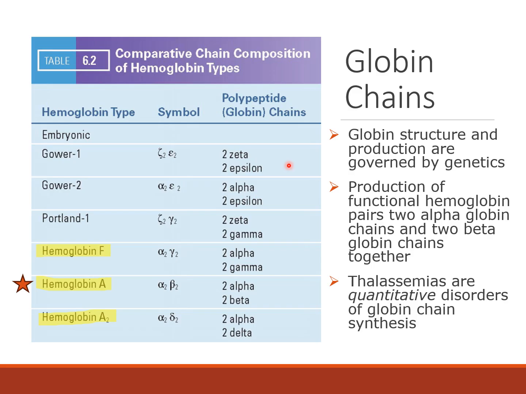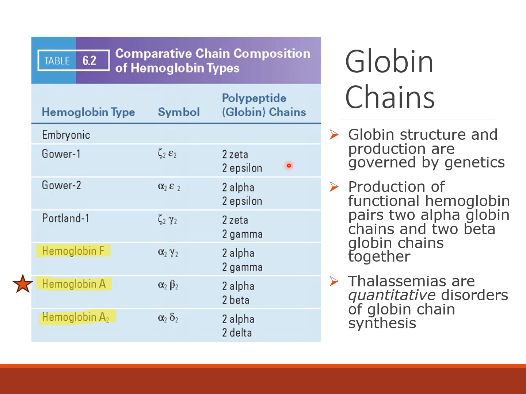Okay, so a baby is born with lots of hemoglobin F, or fetal hemoglobin, 2 alpha chains, 2 gamma chains, and then between the ages of 6 months and 1 year, that will transition into a more normal hemoglobin A. We always have a little bit of fetal hemoglobin present, and there are some hemoglobinopathies in which higher percentages of fetal hemoglobin are present.